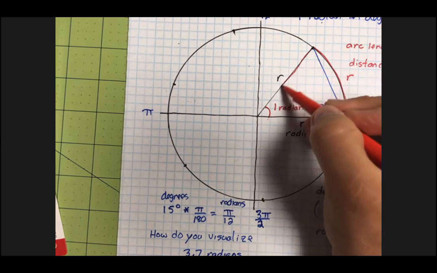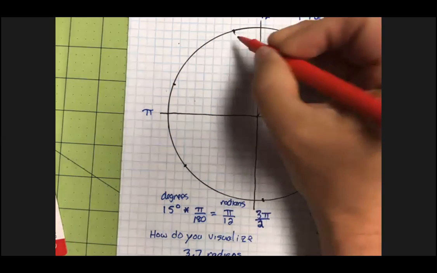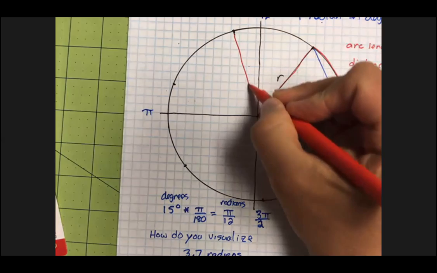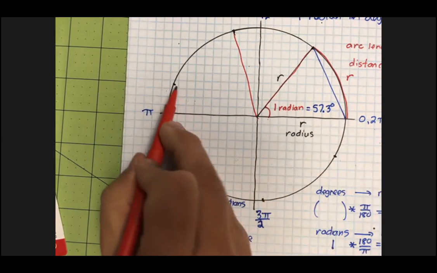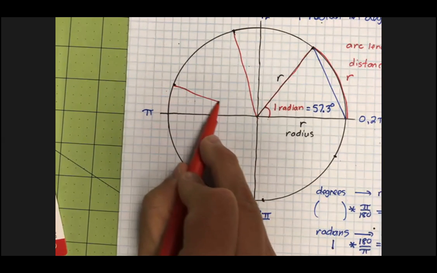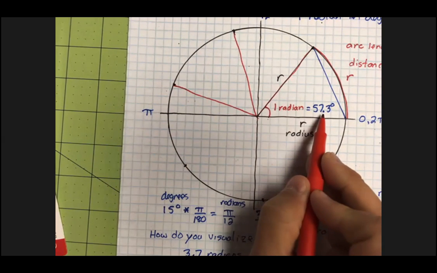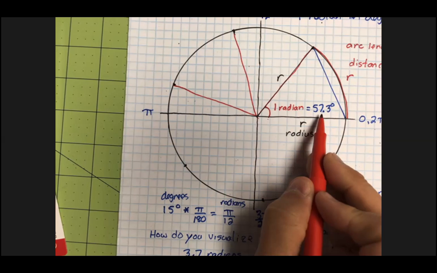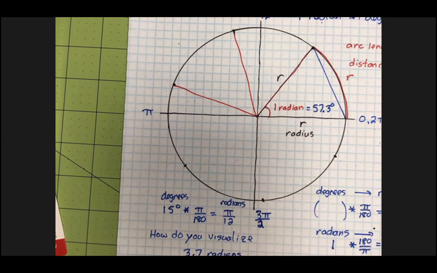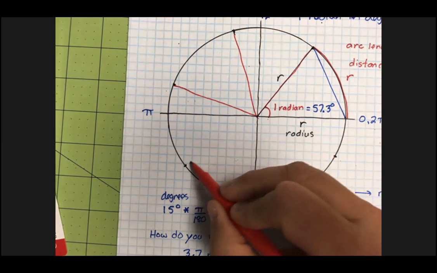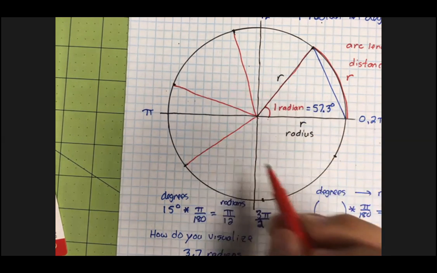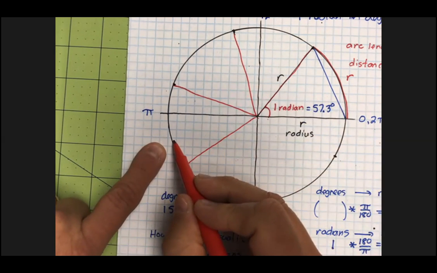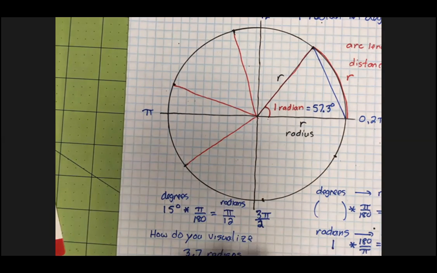This is 1 radian, about 57 degrees, 2 radians, which would be about 114.6 degrees, 3 radians. I could literally multiply 57.3 by 3. But 3.7 radians, I'm not so fast at. I'm going to let the calculator handle it. This is 4 radians. 1, 2, 3, 4 radians. 3.7, if I'm eyeballing it, must be somewhere in there.